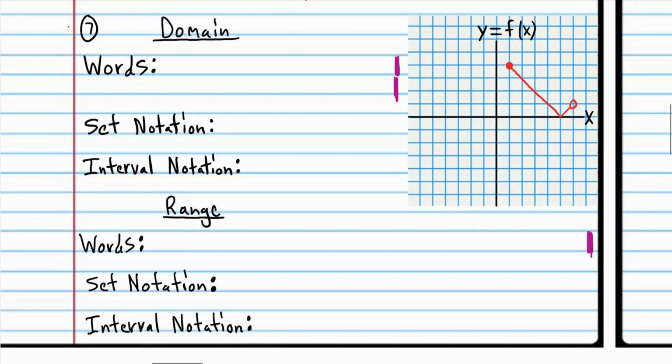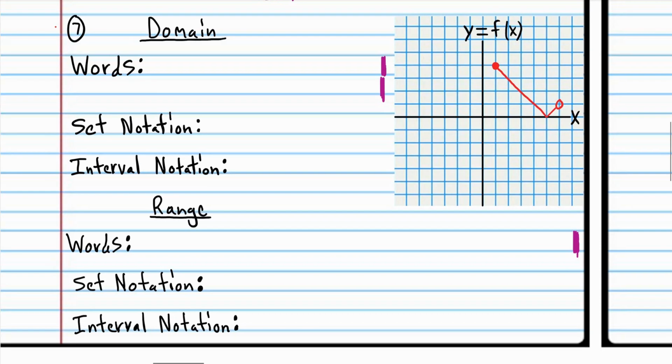Alright, let's do number 7 together. This is a little tricky. In all the previous problems, we figured out the domain and range by looking at the endpoints of the function. But in this problem, when we try to find the range, something different is going to happen.